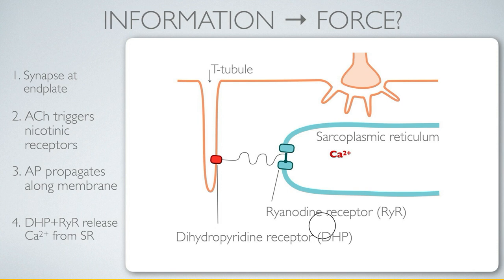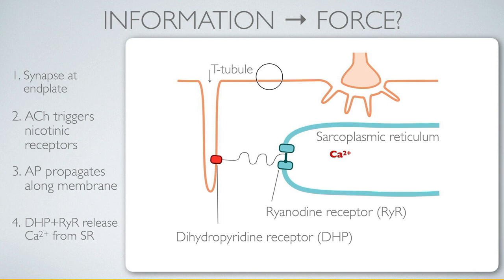The DHP receptors have a protein that extends from the DHP and is mechanically coupled to this guy, the ryanodine receptor. The ryanodine receptor is a gate for the contents of the sarcoplasmic reticulum. So this helps explain why there's that close spatial association between the T-tubules and the SR, the sarcoplasmic reticulum.